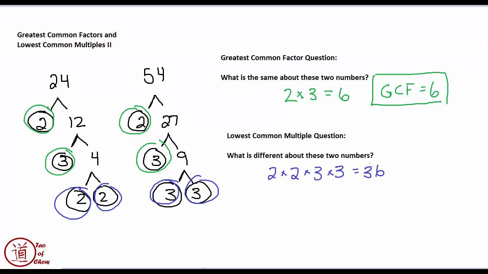Now what we have to do then is we know that the lowest common multiple has to be a multiple of 6, right? Because 6 is the greatest common factor of both of these. Well, how much of a multiple? It's 36 times 6. So the LCM is equal to the GCF times the differences.